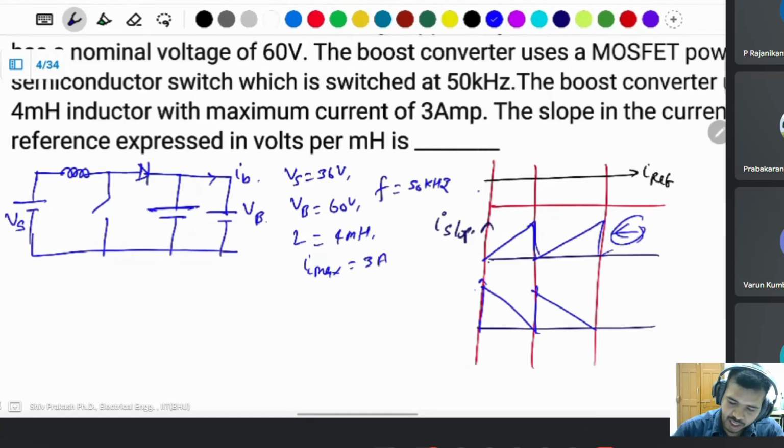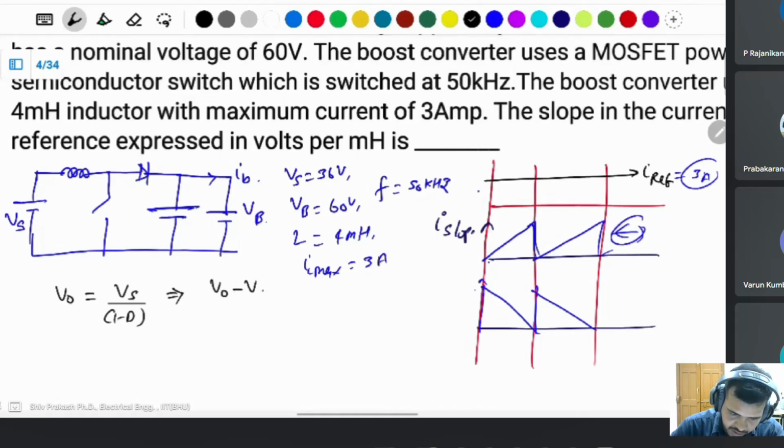Then we can set the IL reference as the maximum current of 3 ampere. Then we know the output voltage is Vs divided by 1 minus D. Then what is the duty cycle? D is V output minus Vs, divided by V output: 60 minus 36 divided by 60. This will be 0.4, the duty cycle.